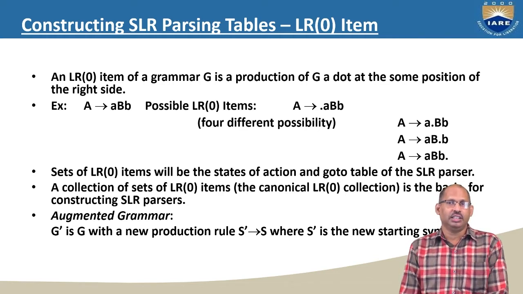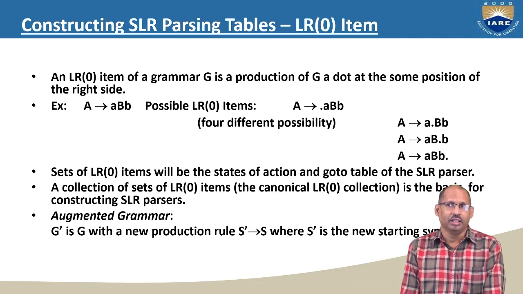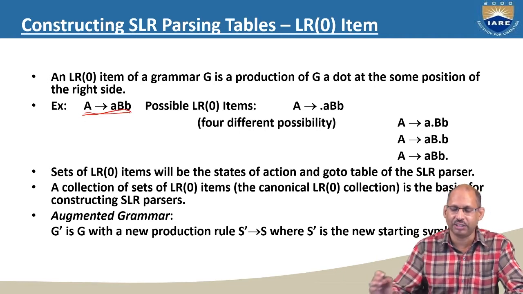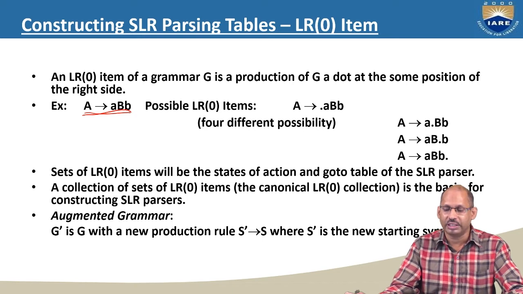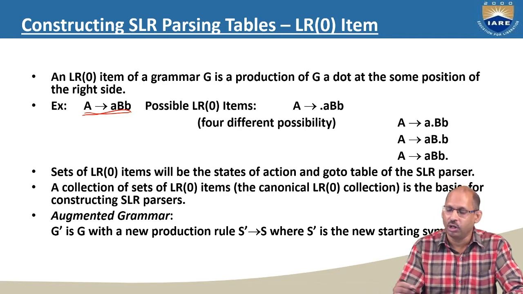An LR(0) item of a grammar G is a production of G with a dot at some position of the right side. Here in this example, this is the production given. Now, there are 4 different LR(0) items possible: dot at the beginning, dot after the first symbol, after the second symbol, and after the third symbol.